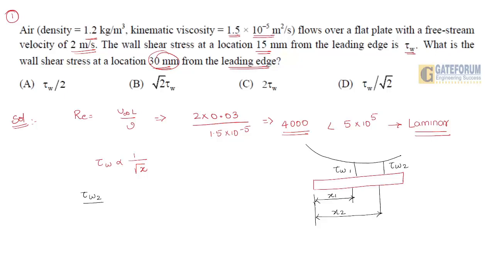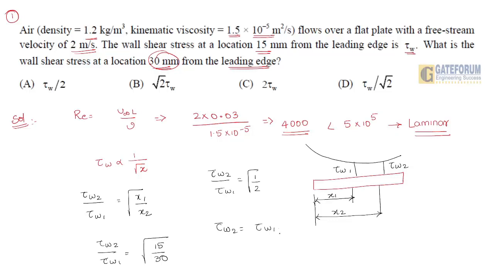Tau W2 by tau W1 is equal to root of x1 by x2, with x1 as 15 and x2 as 30. So tau W2 by tau W1 is equal to root 1 by 2. Tau W2 is equal to tau W1 into root 1 by 2, so tau W2 equals tau W1 by root 2.